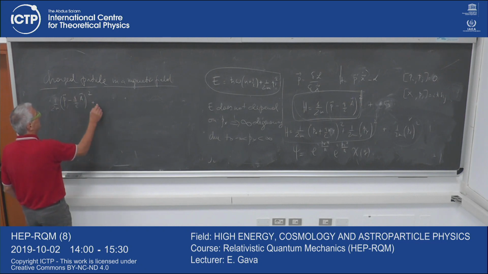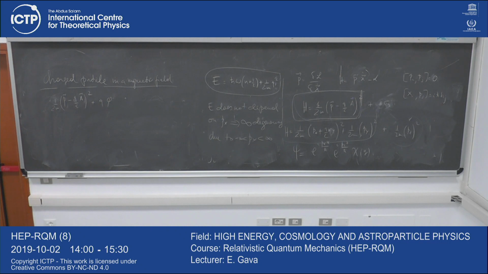Let me put q phi here. This is the Hamiltonian. And the Schrödinger equation is the usual, i h bar d psi dt is H psi.